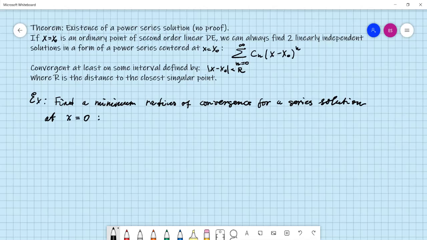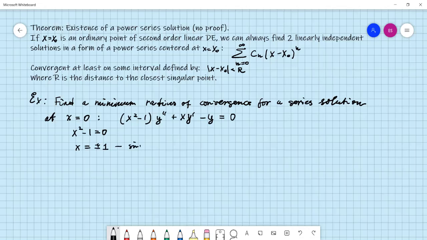And the equation is going to look like this: (x squared minus 1) y second derivative plus x y first derivative minus y equals 0. Well, basically what I did, I just copied the equation I had before in an example, right? We already know that x squared minus 1 equals 0 is going to have two solutions, x equals plus or minus 1, and they are singular points.